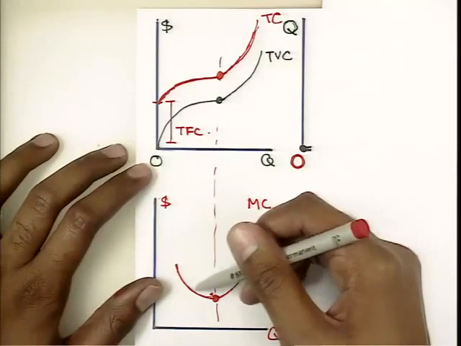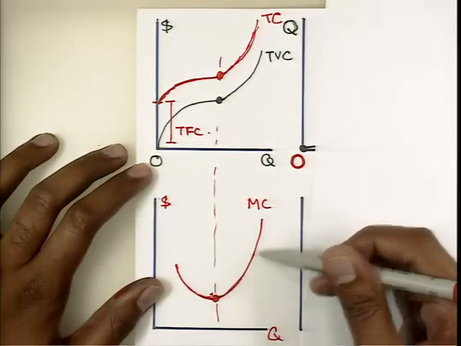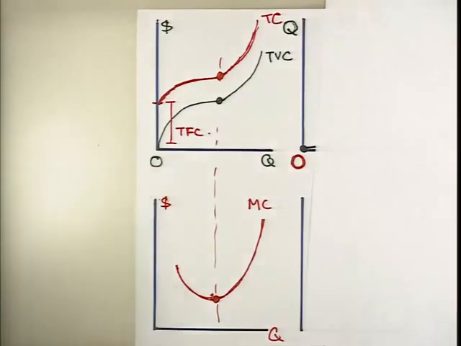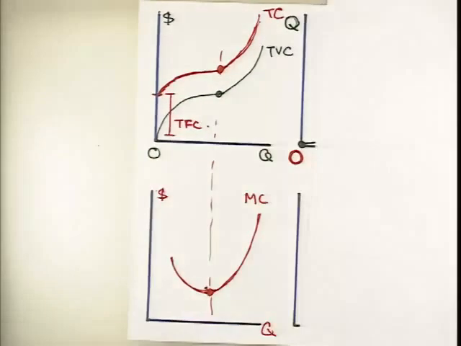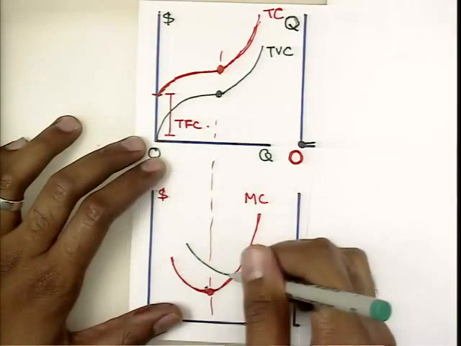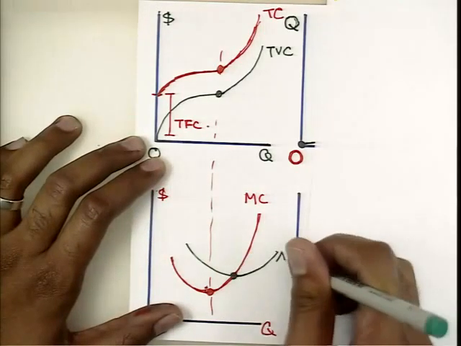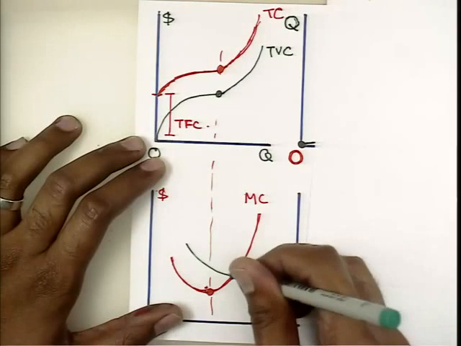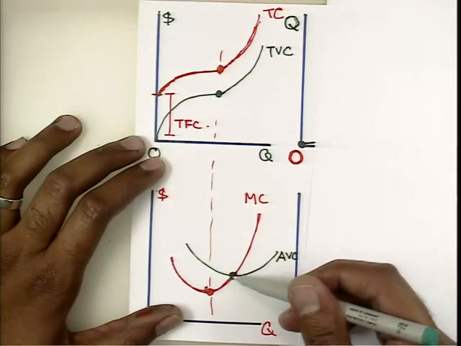Initially, cost is increasing at a decreasing rate, then cost is increasing at an increasing rate. From your tutorial questions, marginal cost is the slope of the total cost curve. Marginal cost is U-shaped or J-shaped. Average variable cost, average total cost is also U-shaped. You just need to make sure that it turns at its minimum.